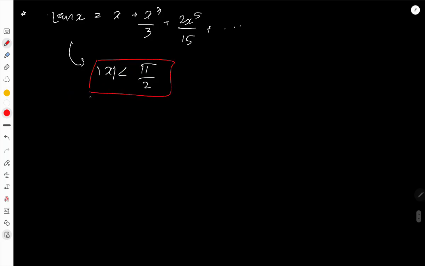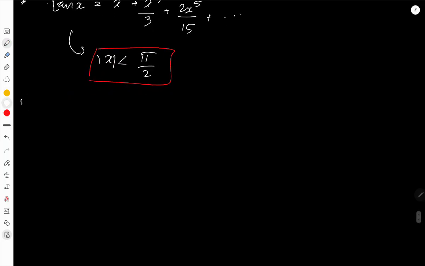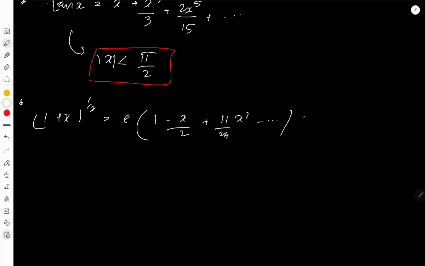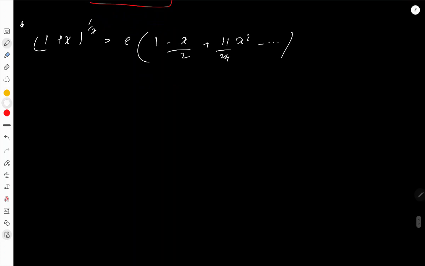I'll underline this because this is also sometimes important in the question. And then another series that I want you all to know is (1 plus x) to the power 1 by x, that is e times (1 minus x by 2 plus 11 upon 24 x square), and so on. So it goes on alternately plus minus again.